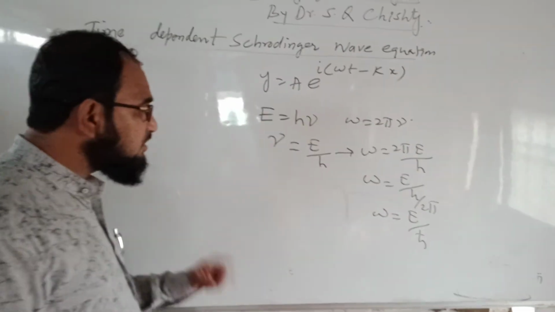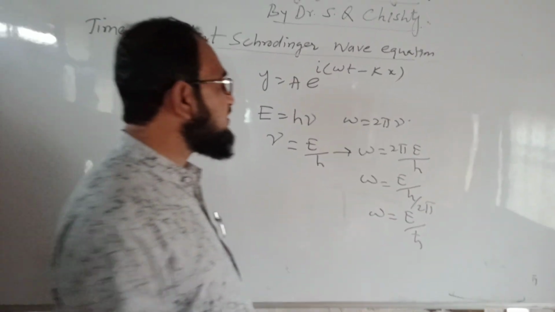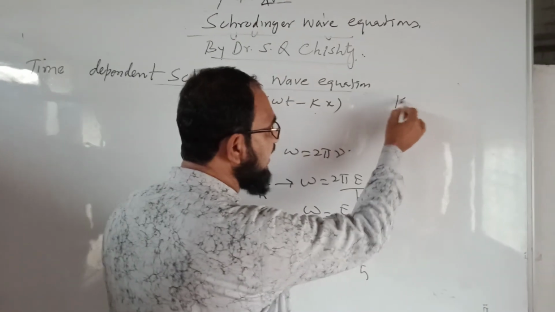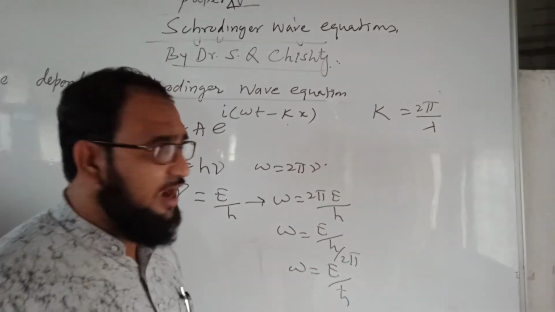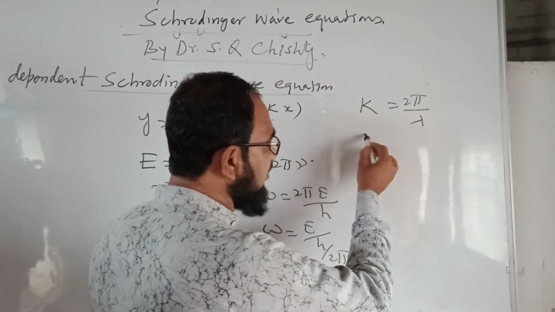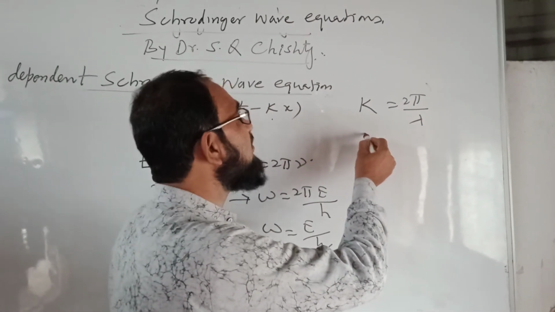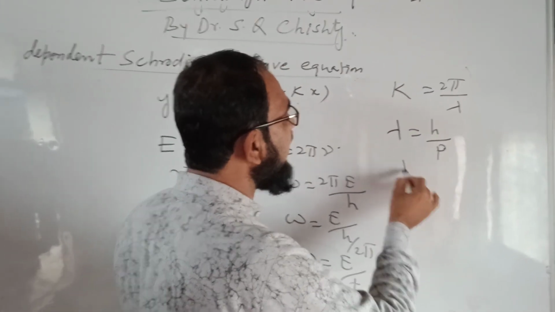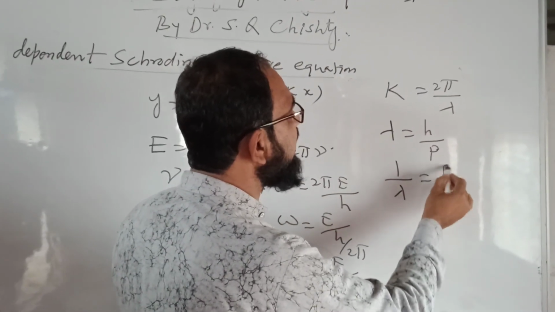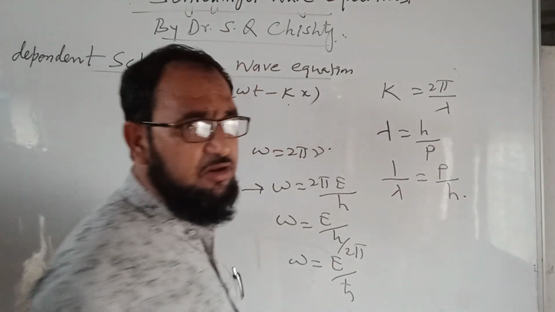Now similarly, I will replace the k. We know that k is equal to 2 pi by lambda, and according to de Broglie hypothesis, lambda is equal to h upon p, or 1 by lambda equal to p upon h.